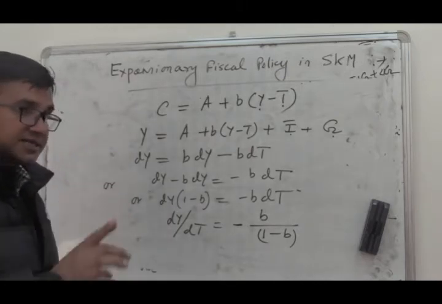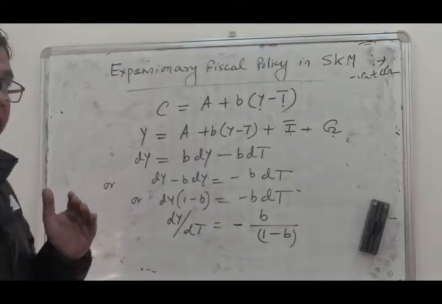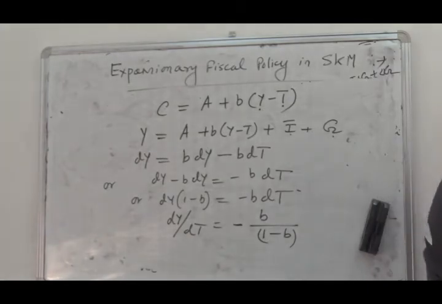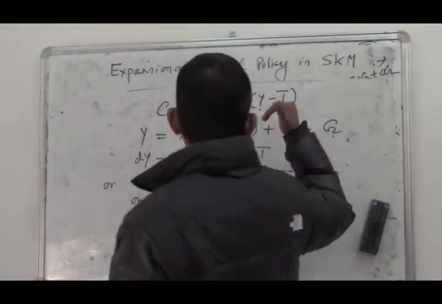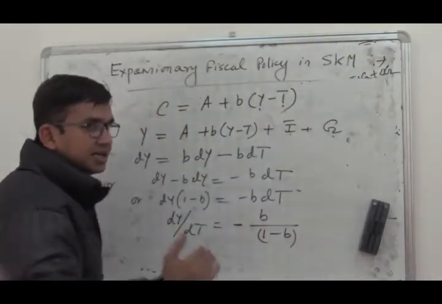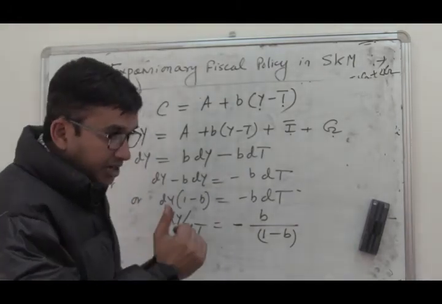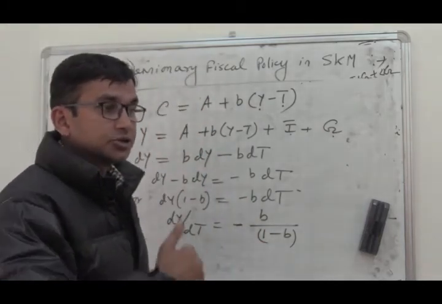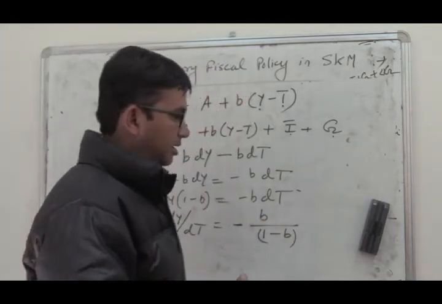The answer lies in the fact that tax is a leakage. Tax means income deducted from the hands of consumers which they cannot spend on consumption or any other purpose. So this lump sum tax is a leakage. If there is a fall in lump sum tax, that will increase the disposable income in the hands of the consumers, so they can consume more.